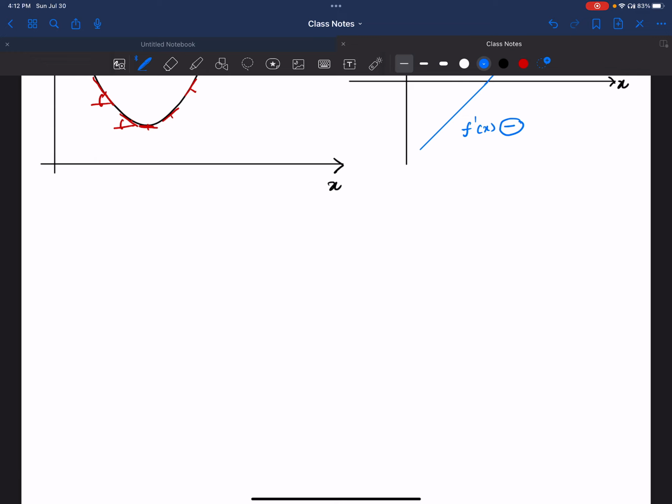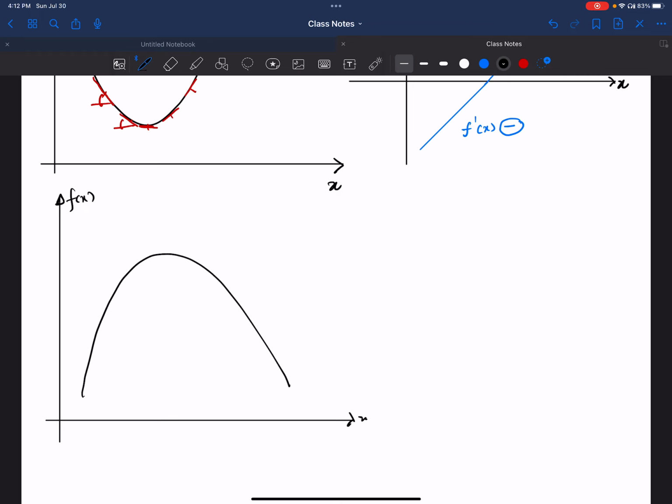Now, if you have another case, f of x, so we have a maximum, and then I'm going to look at how f prime of x changes.